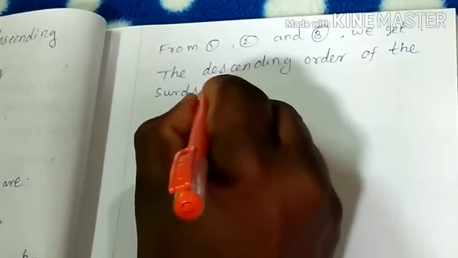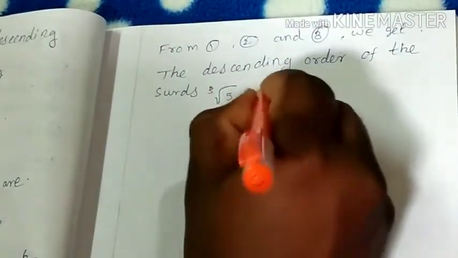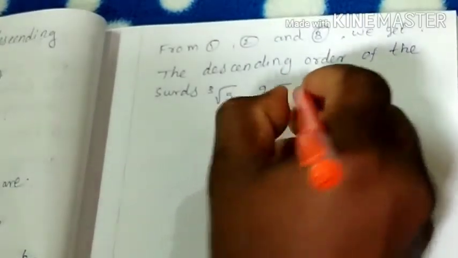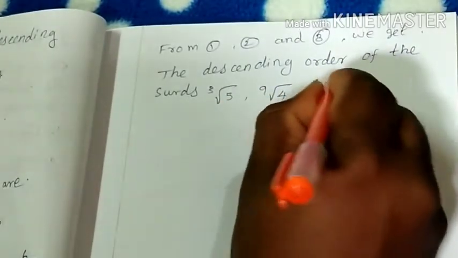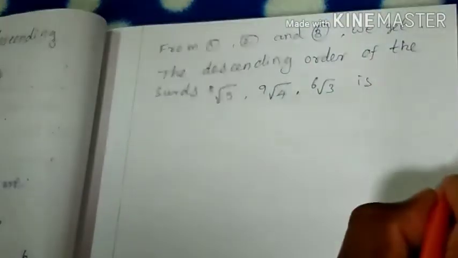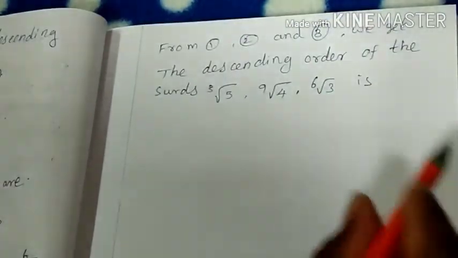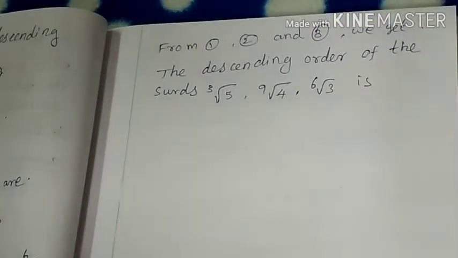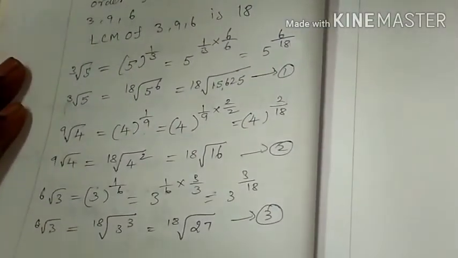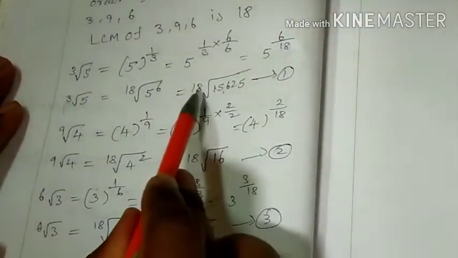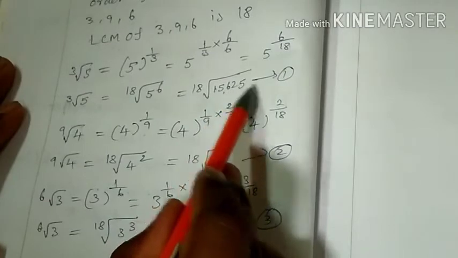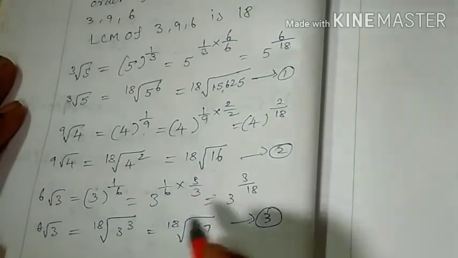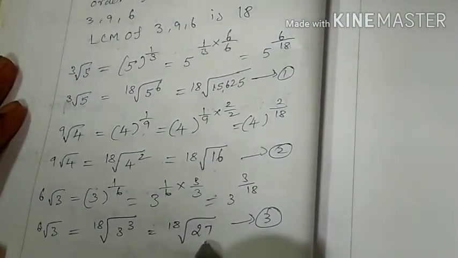For cube root of 5, 9th root of 4 and 6th root of 3, the answers are: the 18th root of 15,625, the 18th root of 16, and the 18th root of 27.